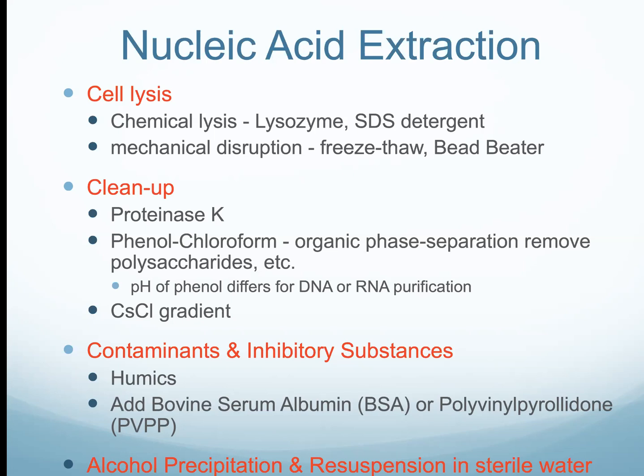But if you do it in a tube, then you would be pelleting or precipitating out your DNA in the bottom of a tube. And then you get rid of everything else and you can resuspend it in a small amount of sterile water. Okay. So this gives you pure nucleic acids. Primarily what I'm talking about here is for DNA, but you can actually get RNA if you change the pH of your phenol. Okay.